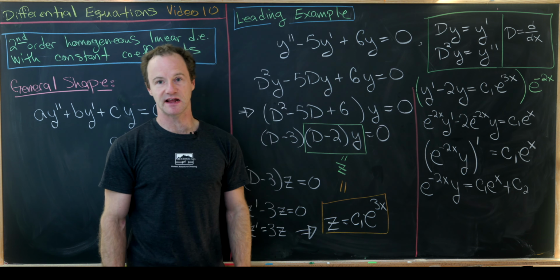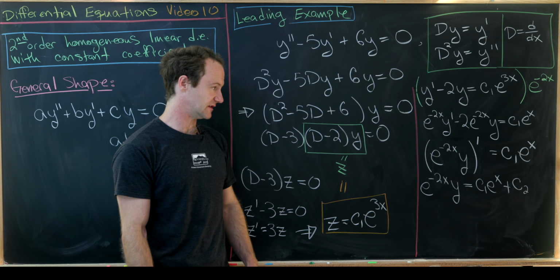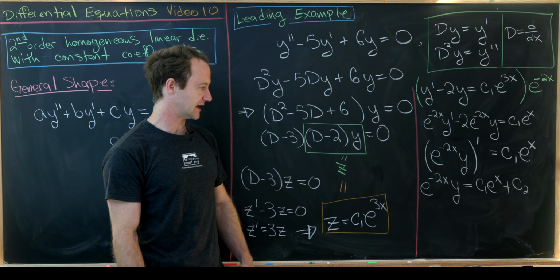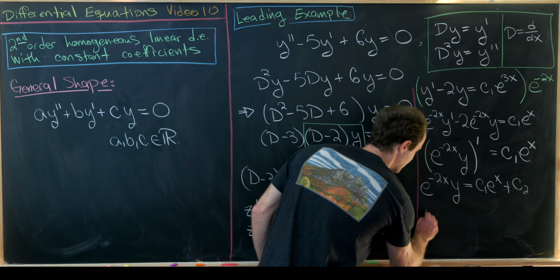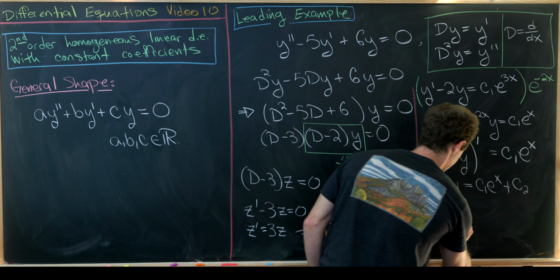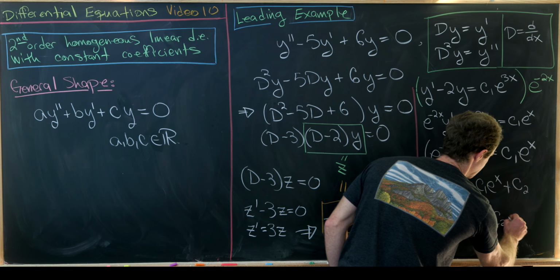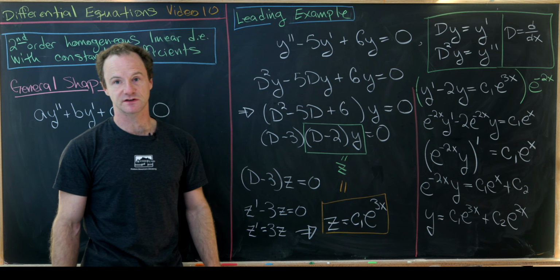Nothing changes on the right-hand side with the e to the x term because the antiderivative of e to the x is e to the x, but we get a constant of integration from taking that antiderivative. Now we can multiply through and we'll end up with y equals c1 e to the 3x plus c2 e to the 2x. And that would be our final solution.